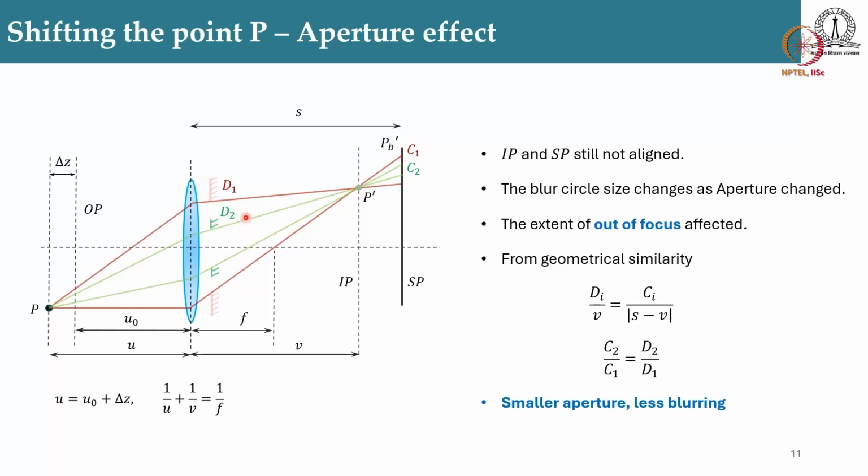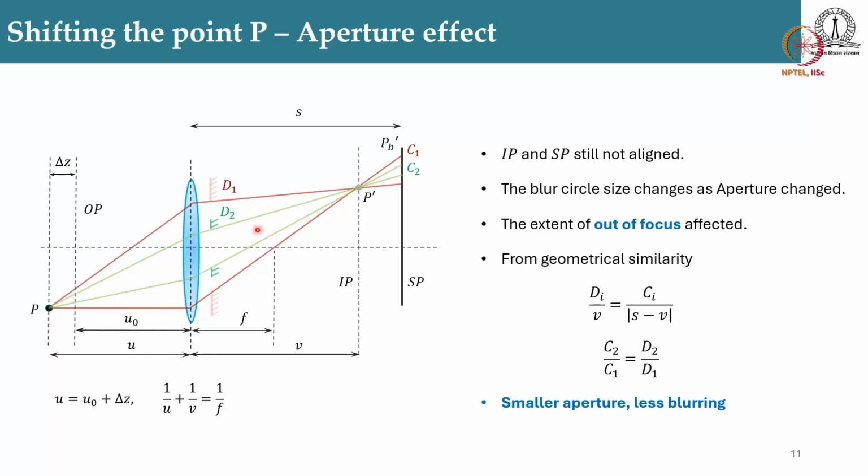If we reduce the aperture size, we are reducing the cone of light that is passing through. All the other parameters are not changed, so you can clearly see that U naught, U, F, V, all these parameters are not getting changed because of the change of the aperture diameter.